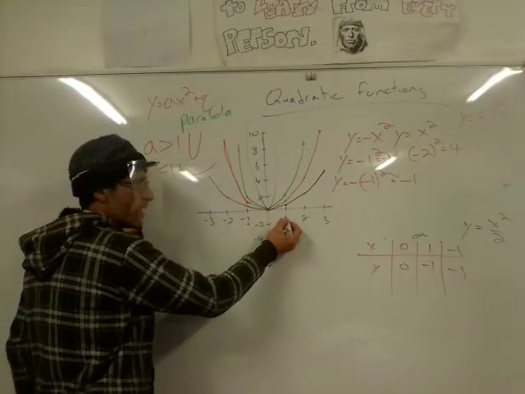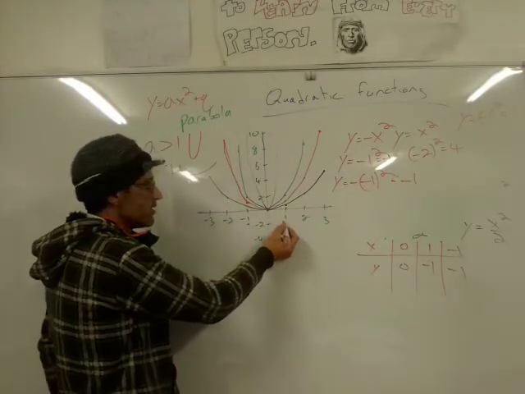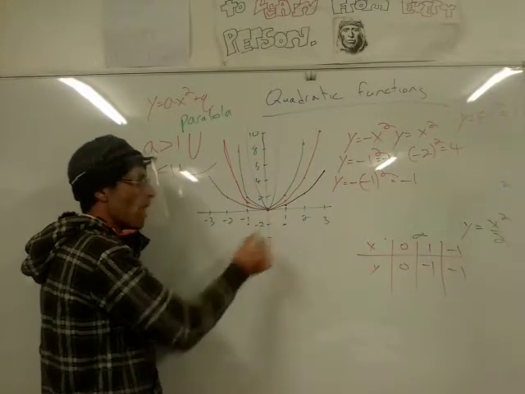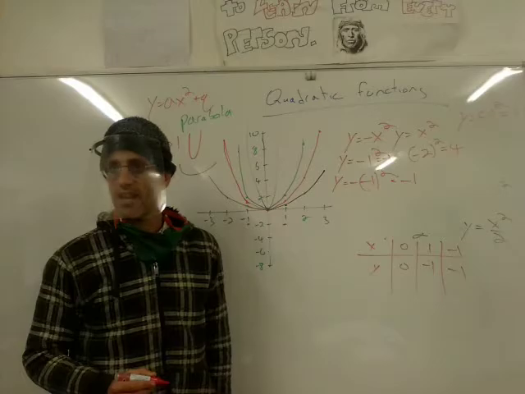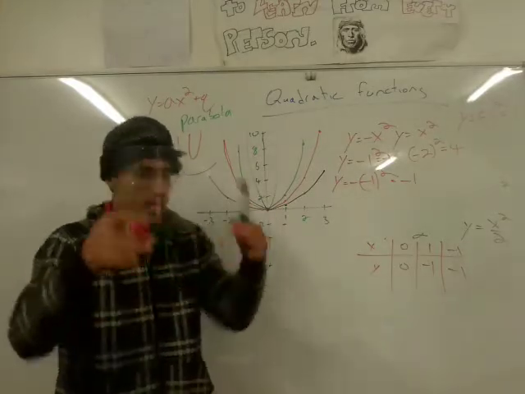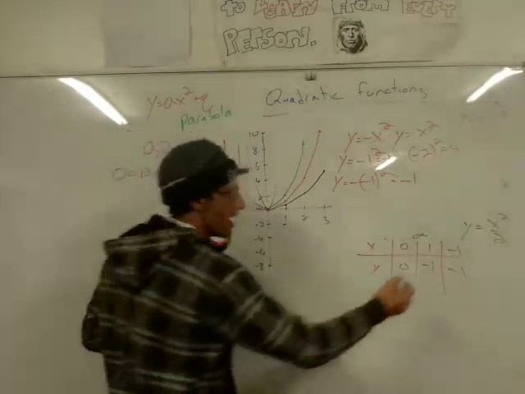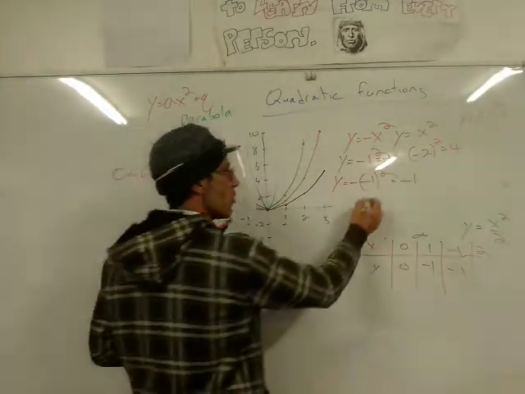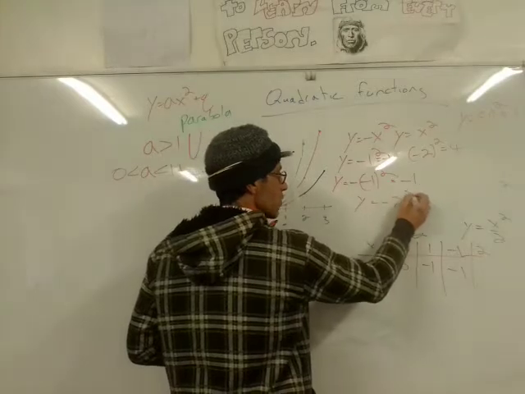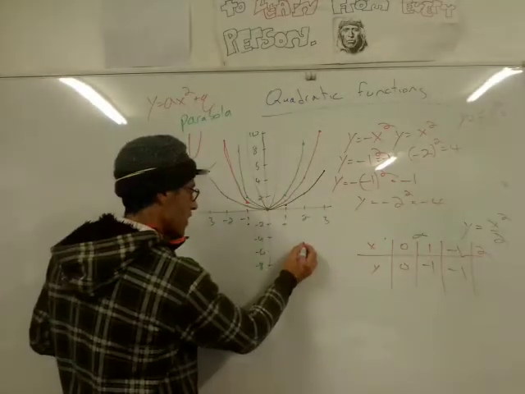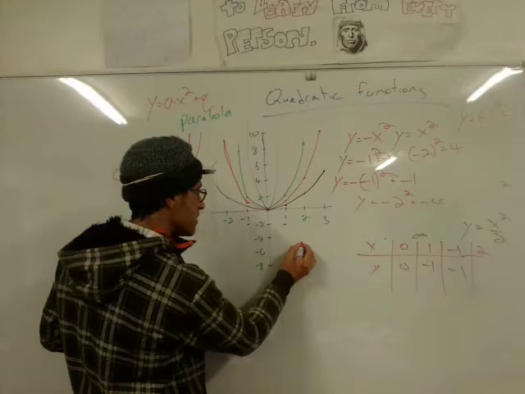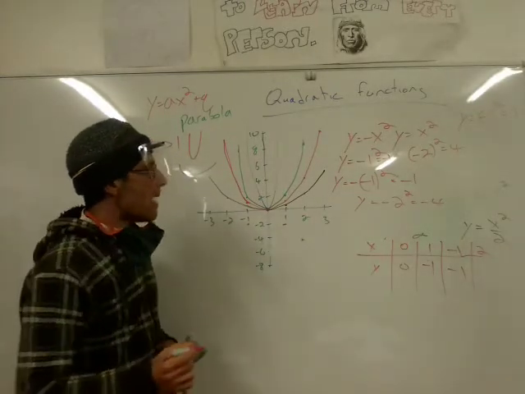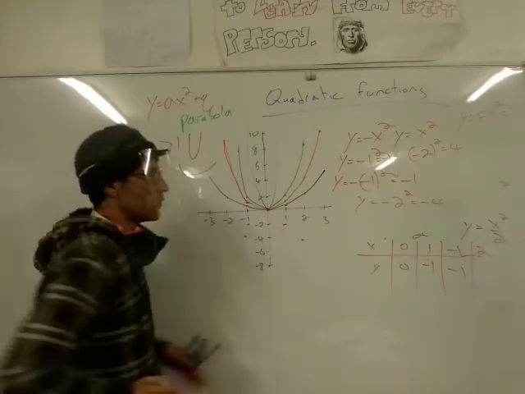When x is 1, y is minus 1. When x is minus 1, y is also minus 1. Which is like what you guys said, it's becoming a sad face. When x is 2, y will be negative 4. y equals minus 2 squared, minus 4. x equals minus 2 is also going to be minus 4, just the same way.